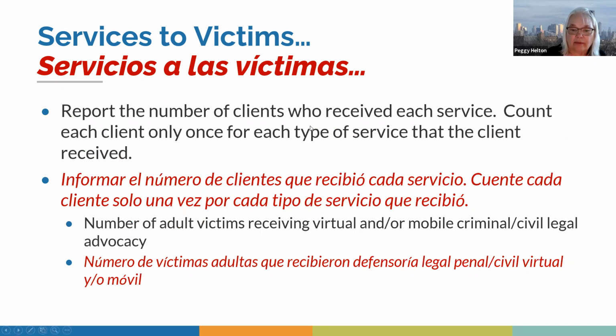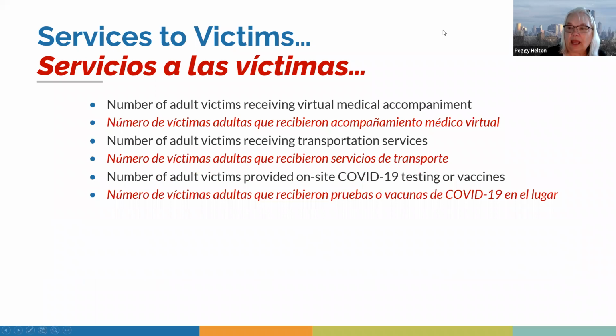And then number of victims receiving virtual or mobile criminal, civil, or legal advocacy. And then number of victims receiving medical accompaniment, receiving transportation services, and then adults who were provided on-site COVID-19 testing or vaccines. Again, if you're not doing on-site testing, you would just put 0 on those if you're not providing that service.